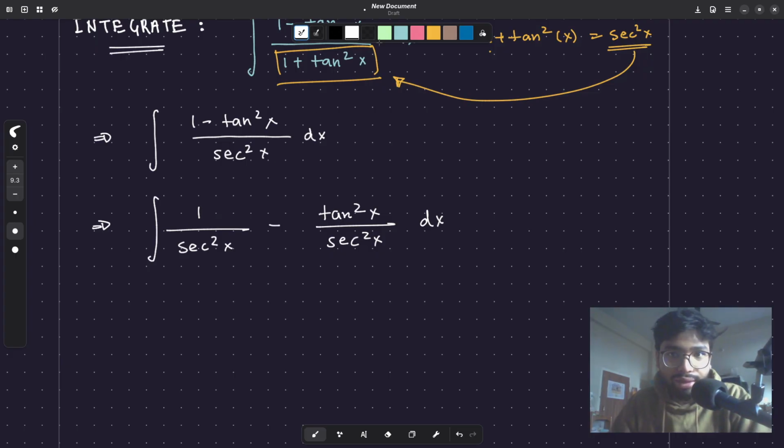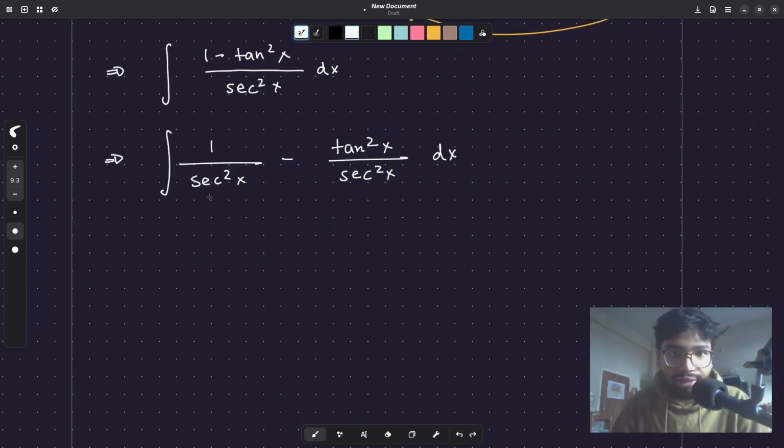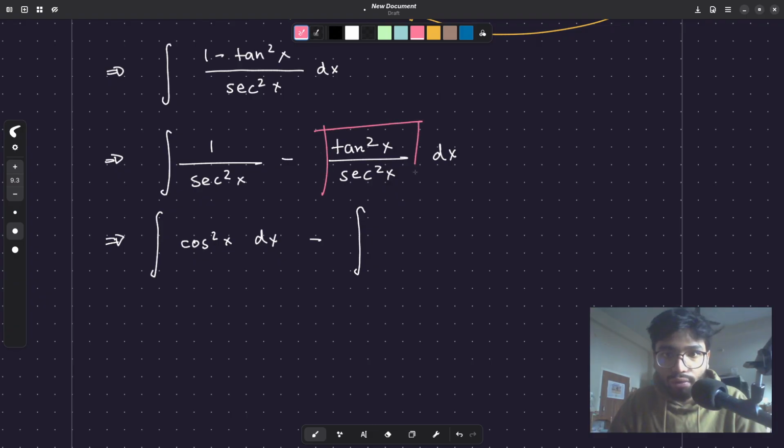Now this is simply just cosine square of x, and we can do some manipulation here. Let us separate this again: cosine square of x dx minus the integral of, and let us simplify this. What is tangent square of x? That is simply, let me write it in a different color, sine square of x divided by cosine square of x.